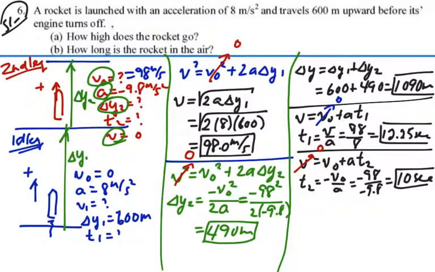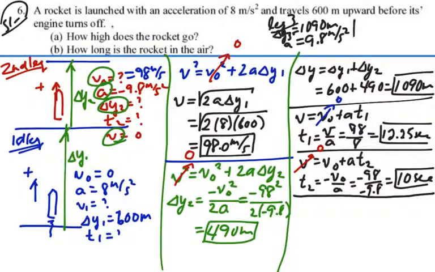And this is truly a bonus problem because we need to find the time back down to the ground. We know that the total displacement for leg 3 is going to be 1,090 meters as we go back down to the ground. So that's going to be our delta y3. Our acceleration is going to be a positive 9.8 meters per second squared as we're going downward in a positive direction. And our initial velocity is 0, and we want to find our time, T3.